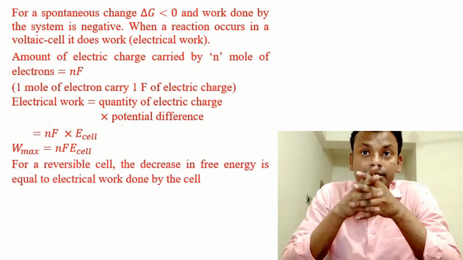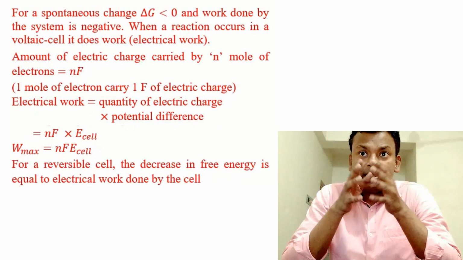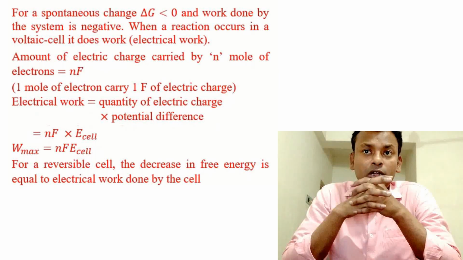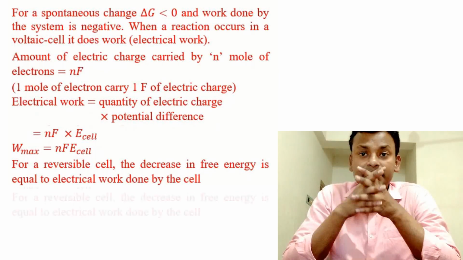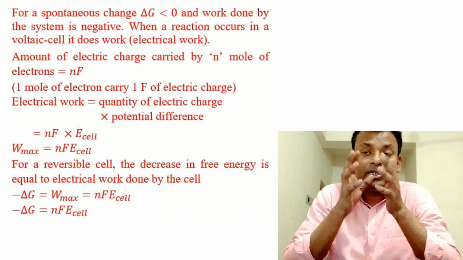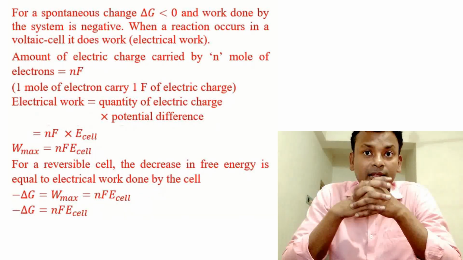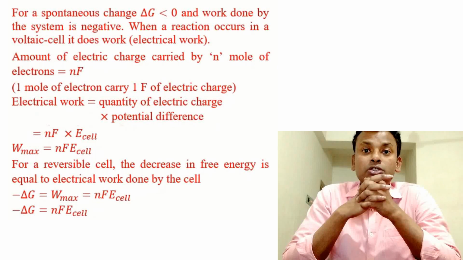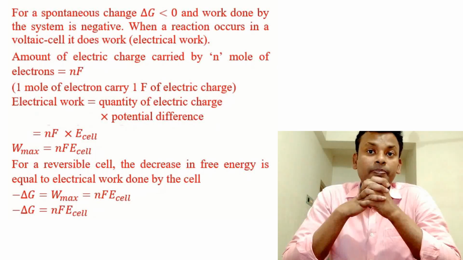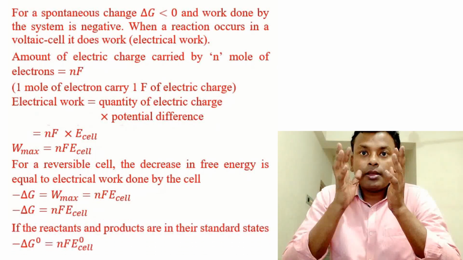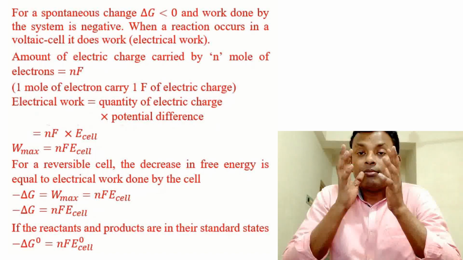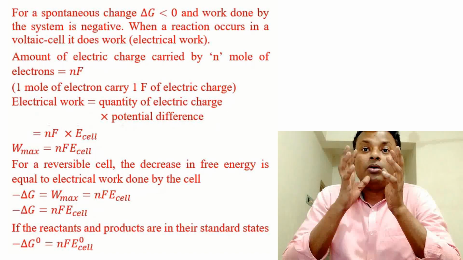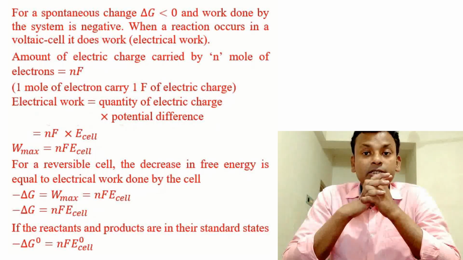For a reversible cell, the decrease in free energy is equal to the electrical work done by the cell, that is minus del G equals W max equals nF E cell, so minus del G equals nF E cell. If the reactant and product are in standard state, minus del G0 equals nF E0 cell.